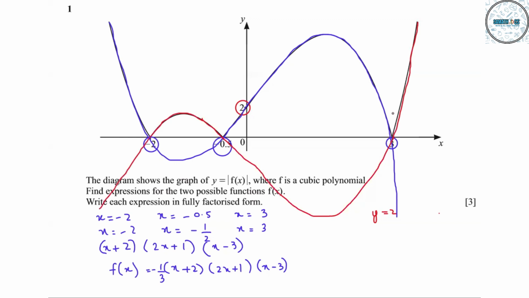So for this graph, the expression for f(x) is plus 1 upon 3 (x plus 2)(2x plus 1)(x minus 3). So these are the two expressions which they have asked for in the question.